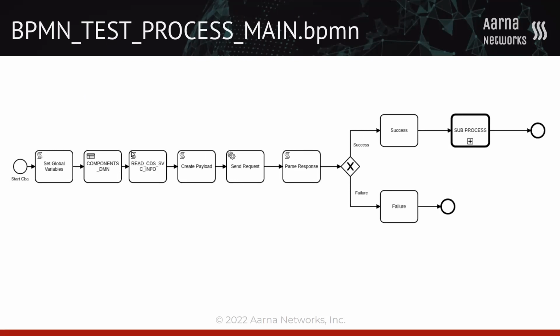So this is a script task. Okay, this is a service task. So the only DMN here is this one, the Components DMN, which shows an icon as a table. This is the only DMN. All others are service tasks or script tasks.